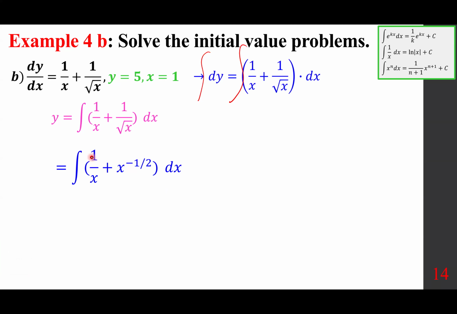So this is the natural log. This one, using the power rule, 1 over negative 1/2 plus 1, x to the power of negative 1/2 plus 1, and a constant. That is very straightforward, everyone.